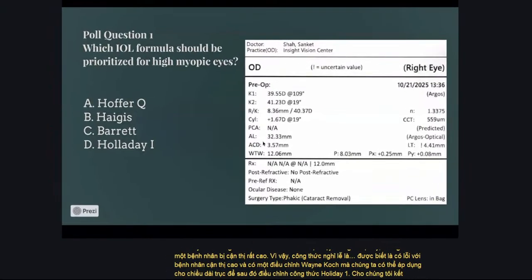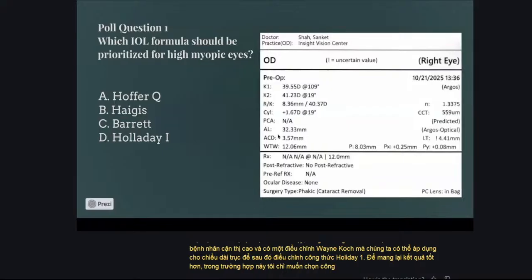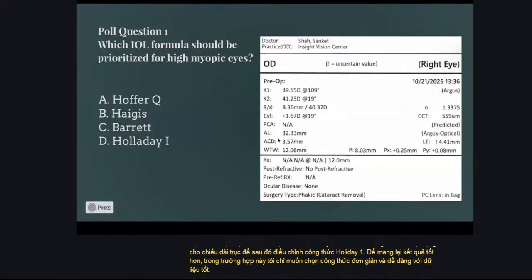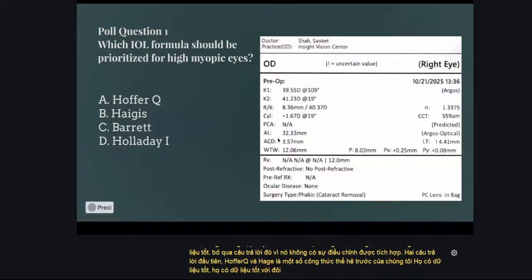So in this case, where I just want to choose the formula, if I want a straightforward, easy formula with good data on its own, I'm going to skip that answer since it does not have the adjustment incorporated. The first two answers, Hoffer Q and Haigis, are some of our earlier generation formulas. They have good data with shorter eyes compared to longer eyes.